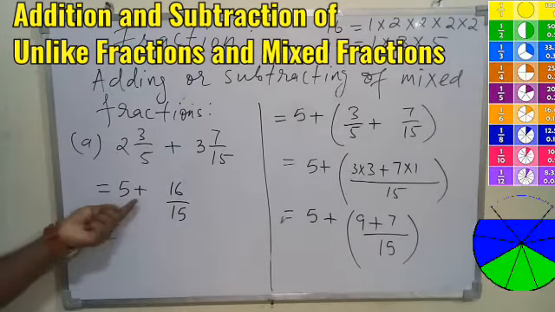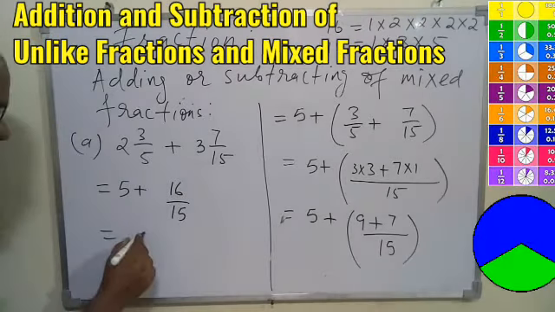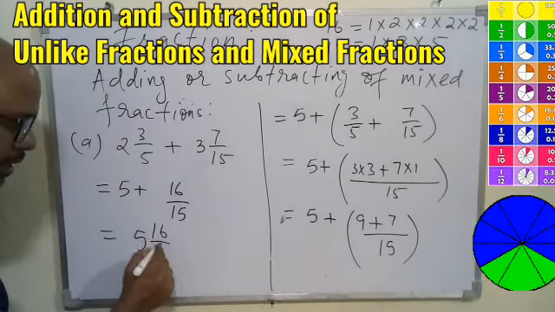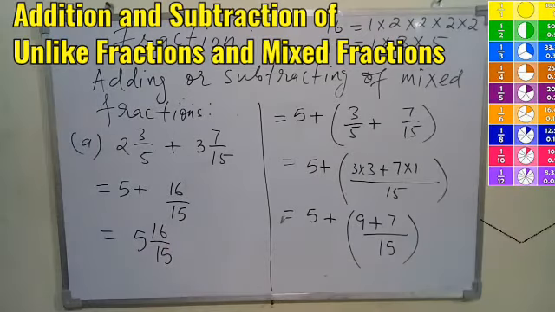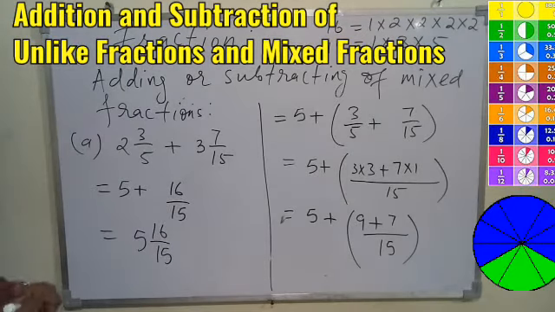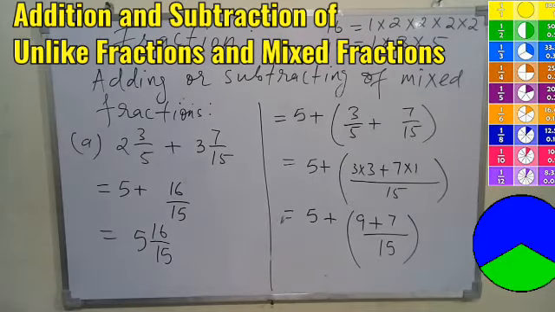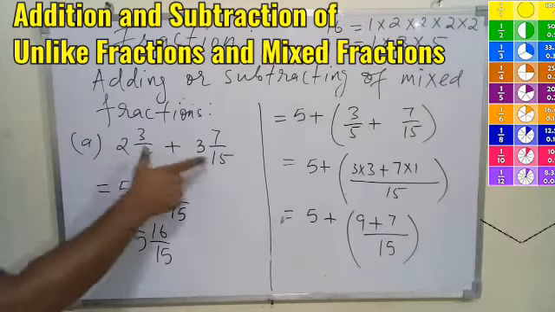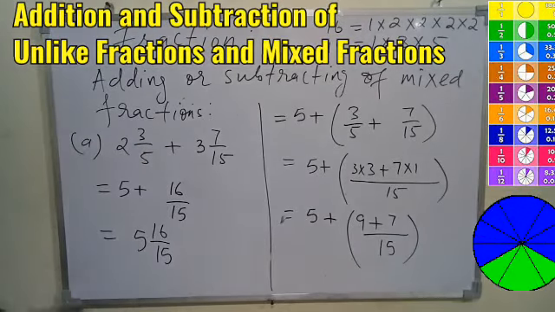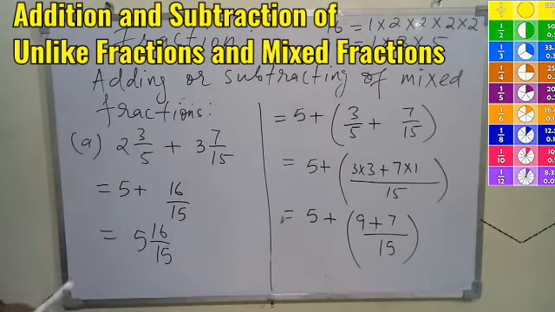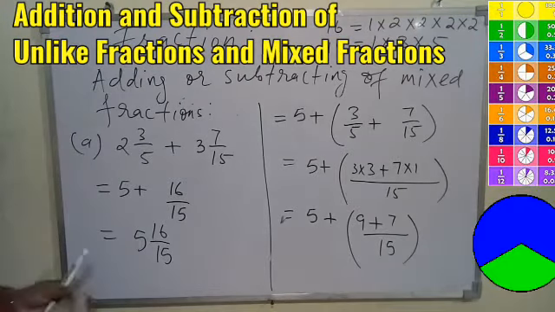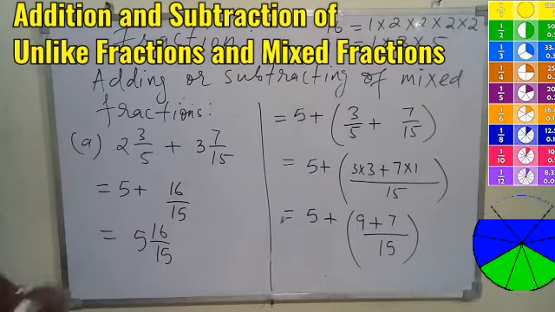So that you understood, 5 plus 16 by 15 is nothing but 5 16 upon 15. This is our final answer. So we can leave it here. So that is how we can do, and we are doing the same thing here also, but the only thing is we separated the whole numbers, and then we did the subtraction or addition of the fractions, and then we added both together, and we are getting the answer.